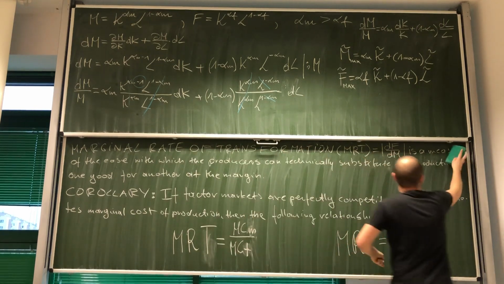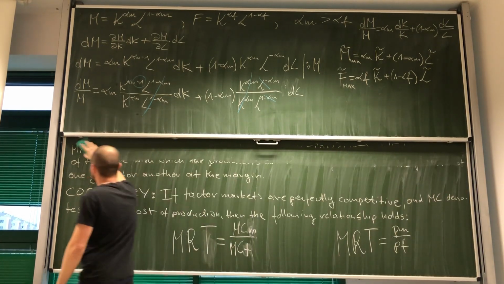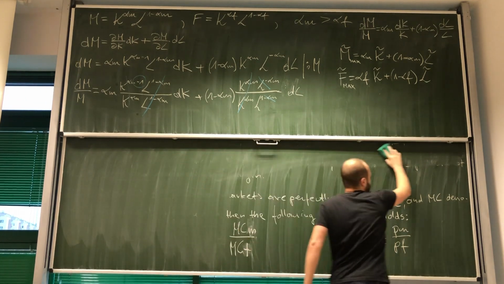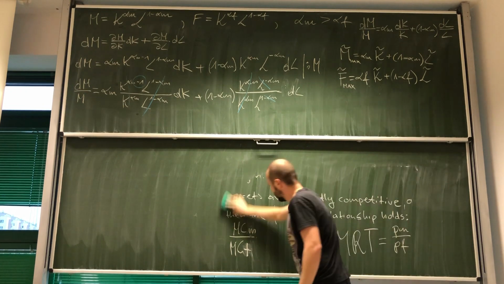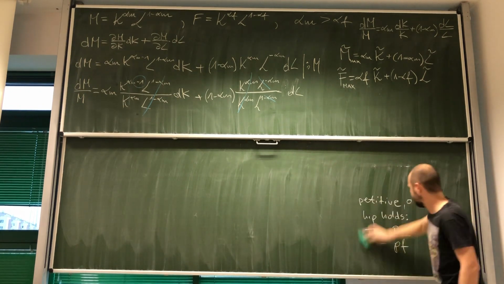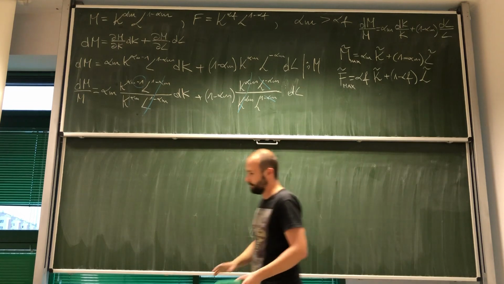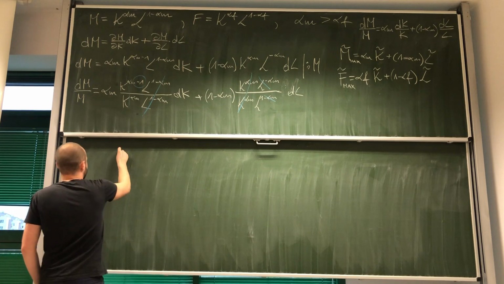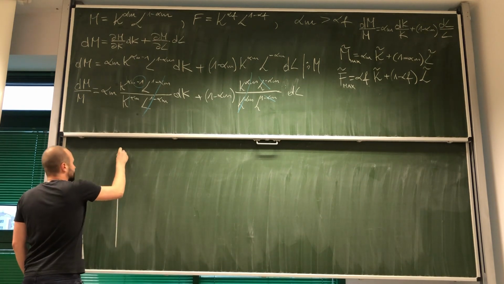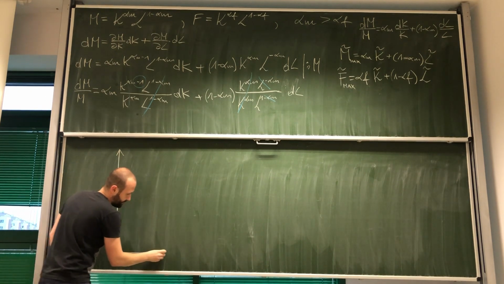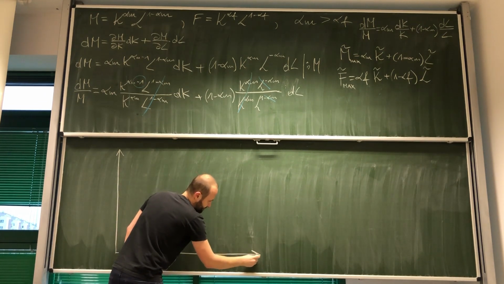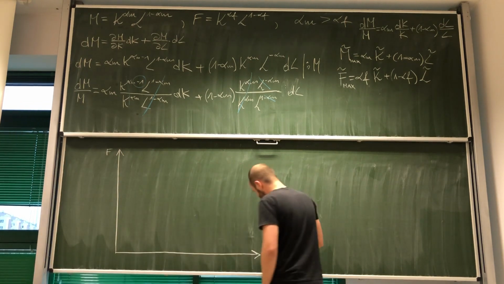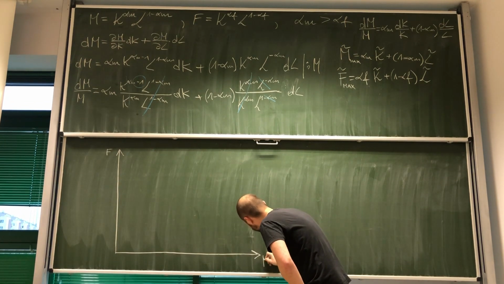Okay, please give me a second to erase the blackboard. So, well, let's just say that we are drawing production possibility frontier. Here we have food, and here we have manufacturers.